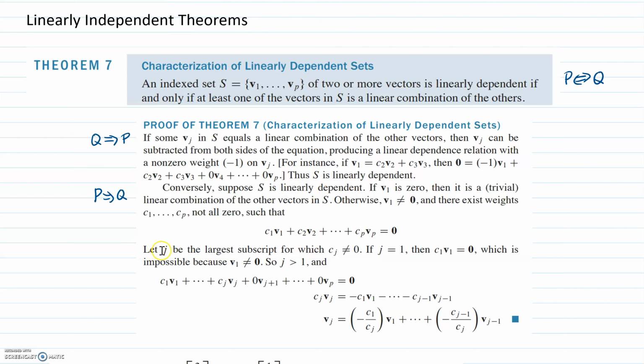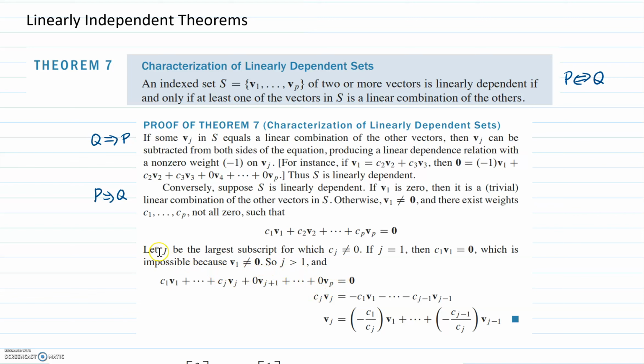Let j be the largest subscript for which Cj does not equal 0. If j equals 1, then you would have this, which is impossible because V1 is not 0. So j better be bigger than 1, and you would have these extra terms here. Why?